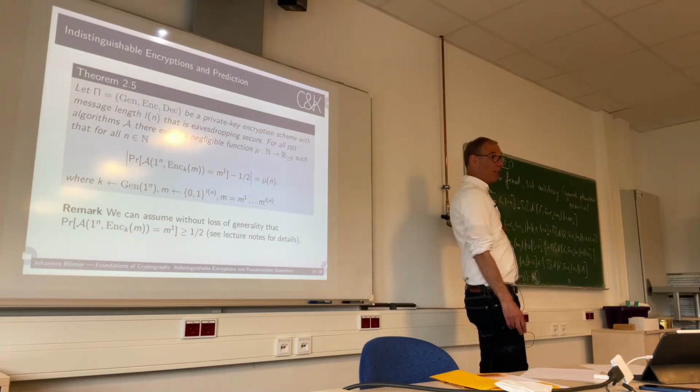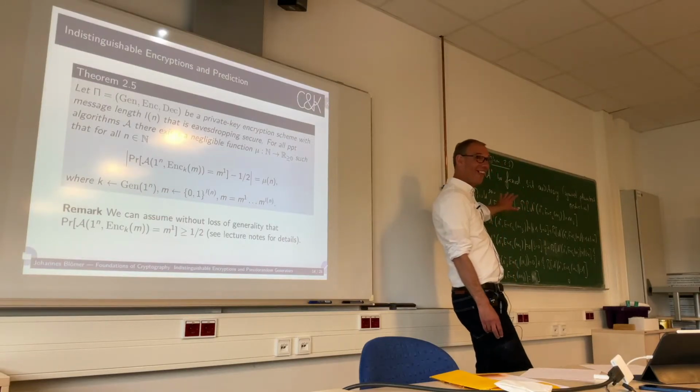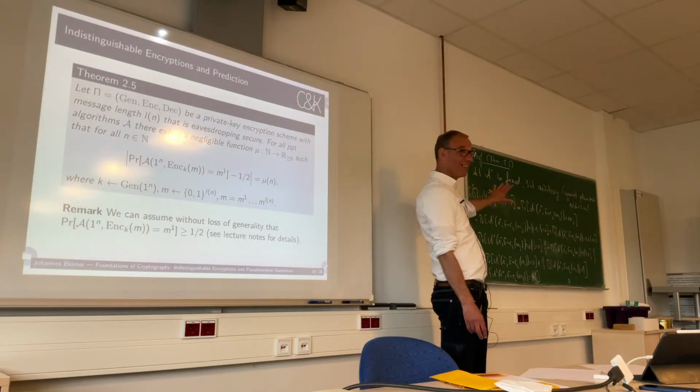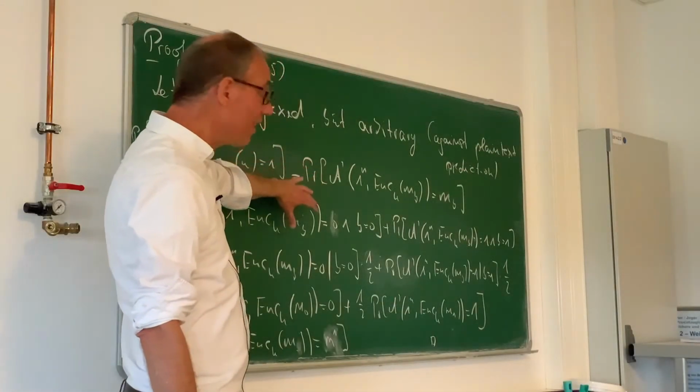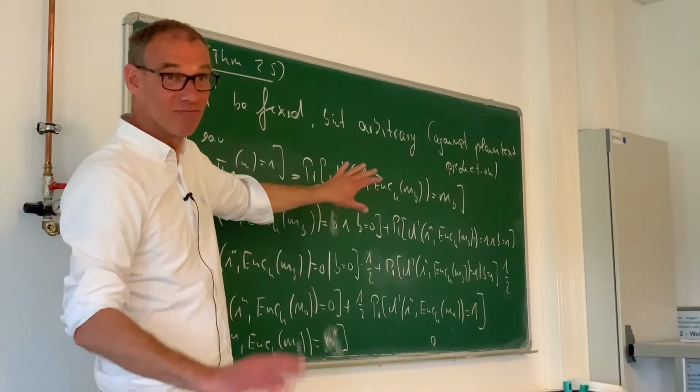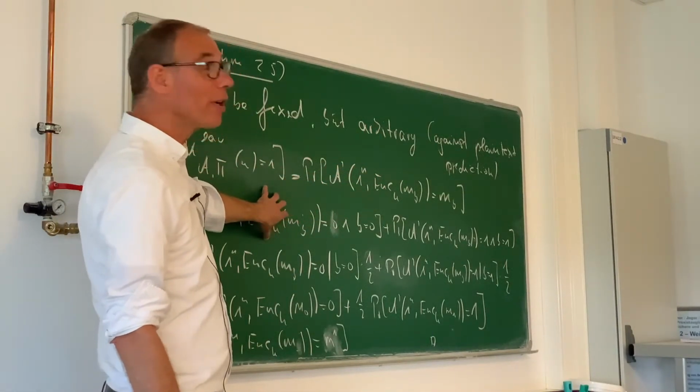Also, don't take this as a random collection of symbols. Every single line in here has a meaning. I'm doing something meaningful. Splitting up an event into disjoint sub-events, typically what we do.